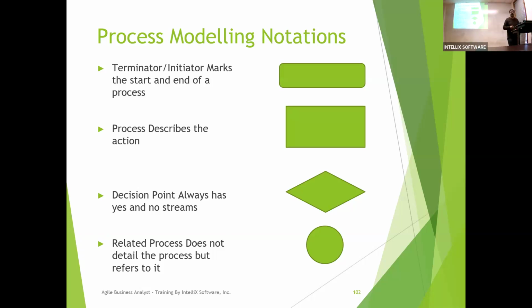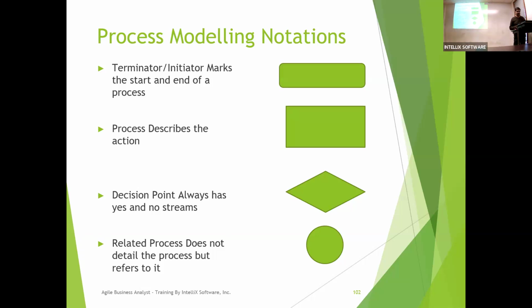Sometimes it's more complex, not a simple yes and no. It's based on a certain value: if the value is this, take this path, and so on. And then the last thing is around related processes. Sometimes it's very complex to present, so you use those connectors and show, hey, this part is now its own process.